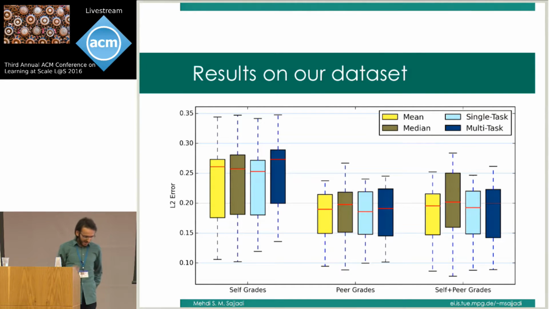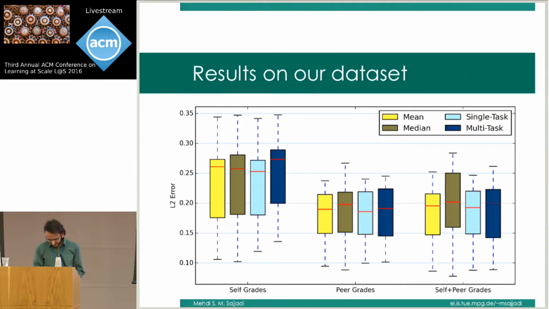Multitask means that after the whole semester was done, at the very end, we take the whole data set from the whole semester and we estimate the bias and the reliability values for each student. The assumption is that for every student, for example, the bias is not variable, it's fixed. So a student who is overall generous with the scores will always give higher scores, and reliability is the same.